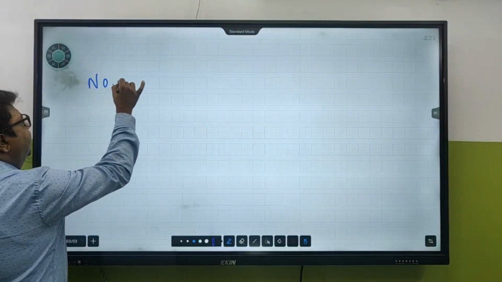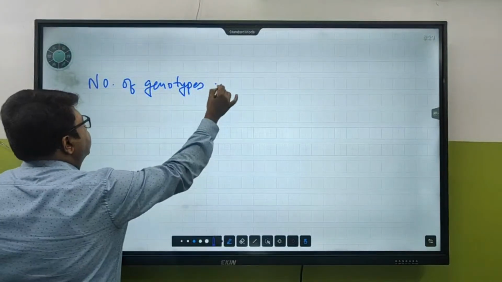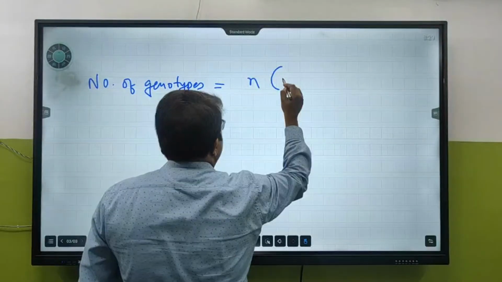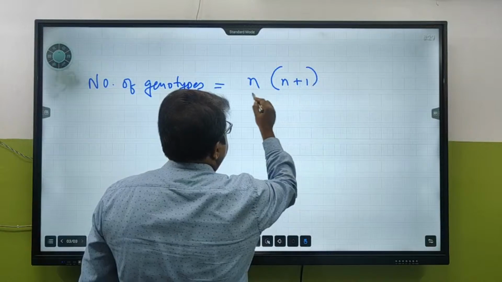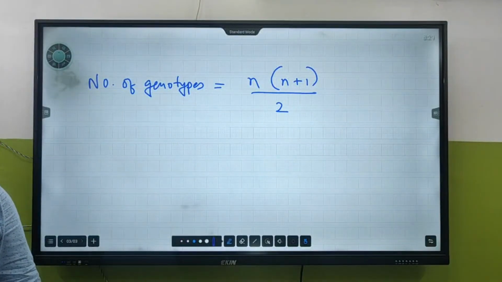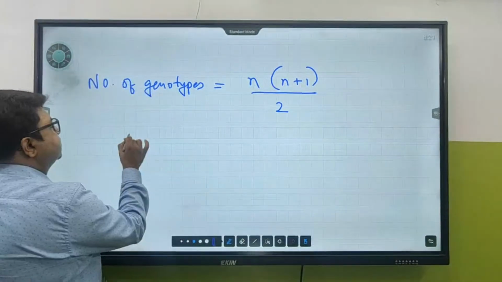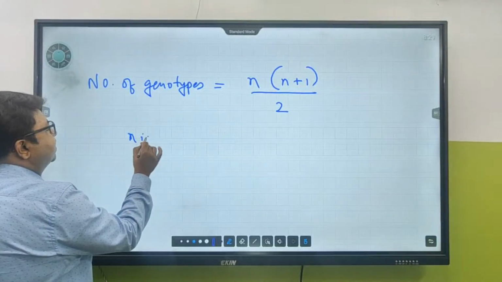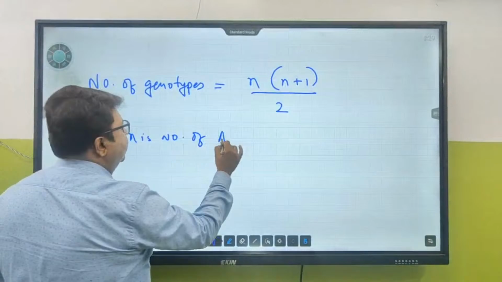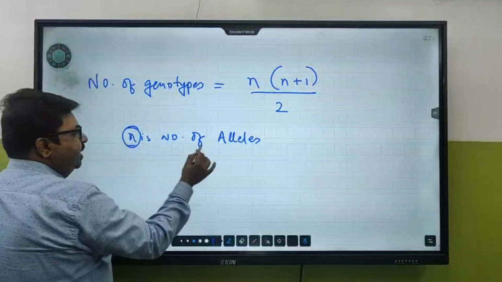There is a formula. Number of genotypes is equal to N into N plus 1 by 2, where N is the number of alleles.